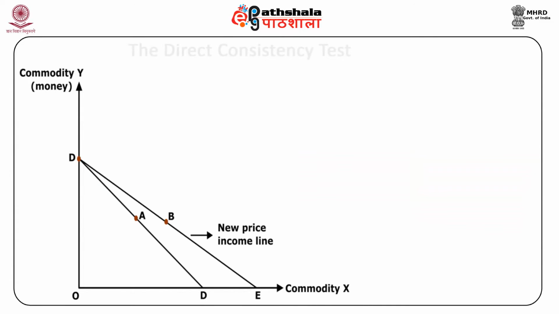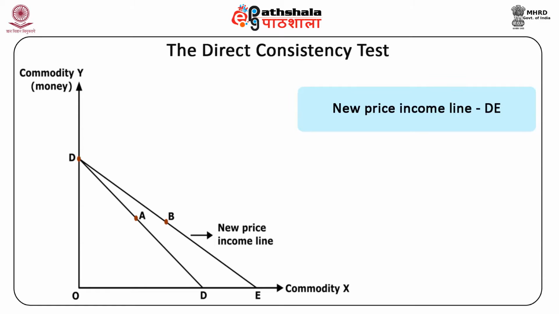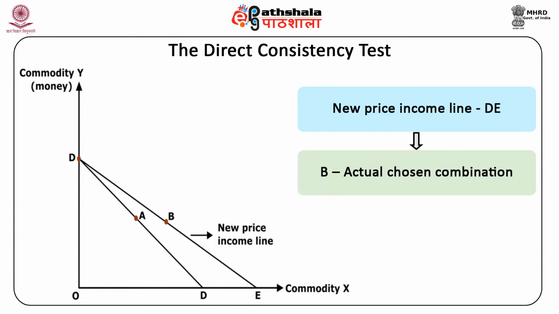Now, let us take a new situation, that is, a new price-income situation. The alternative combinations that are available to the consumer are represented by the points on or under the triangle shown by the new price-income line. Suppose B is the actually chosen combination in this new price-income situation. We have also assumed that the consumer is acting according to an unchanged scale of preferences in both situations, new and old.